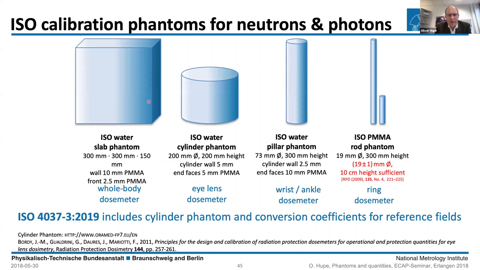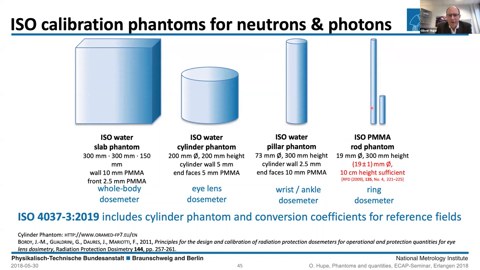And the set of phantoms which ISO defines: it's our ISO water slab phantom. Now we have the ISO water cylinder phantom for the eye lens dosimeters. This is quite new. We have the pillar phantom, and we have the ISO rod phantom. As ICRU defined it, always 300 millimeters, and handling a 300 millimeter rod phantom is quite difficult. And if you have a small dosimeter, the contribution from the far end of the phantom might be negligible.